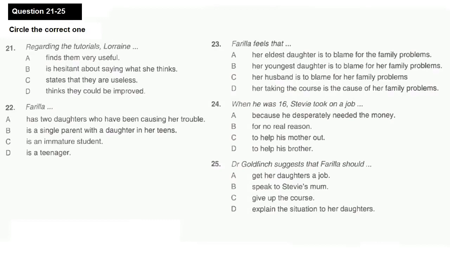For these questions, there are 4 alternatives, A, B, C, and D. Decide which alternative is the most suitable answer and circle the appropriate letter.